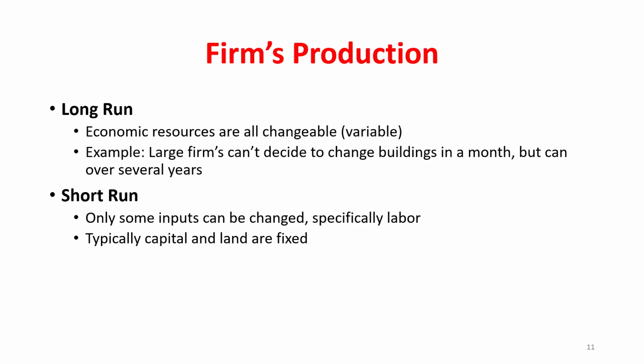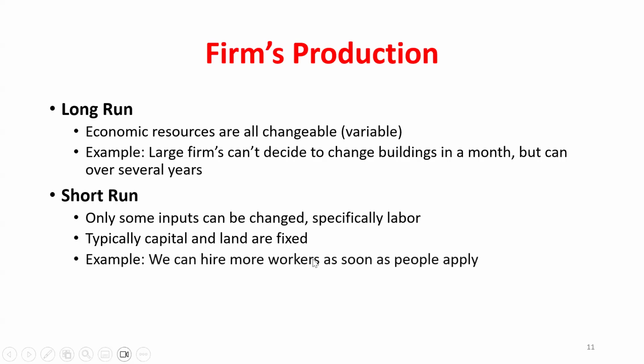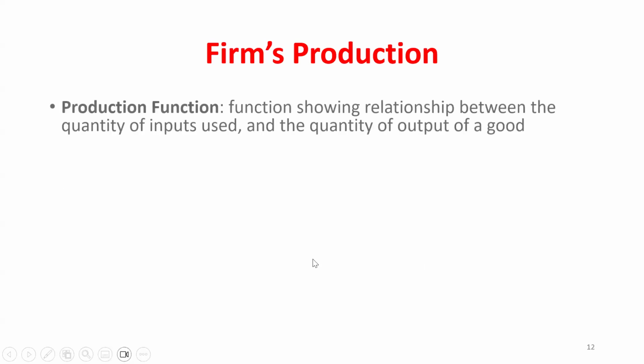If I have enough time, I can move to a different country, I can change land, I can buy new machinery, but in the short run, some of those things will be fixed. So we're going to focus on the one thing that is often not fixed, which is labor. Even if I'm in the short run, I often can change how many workers I'm hiring. Okay. So here I'm thinking about how many workers I want to hire.